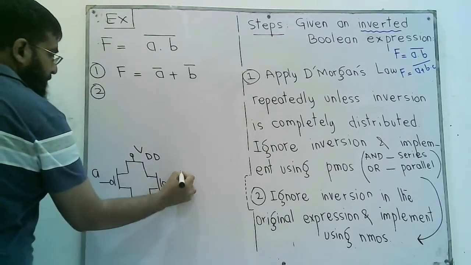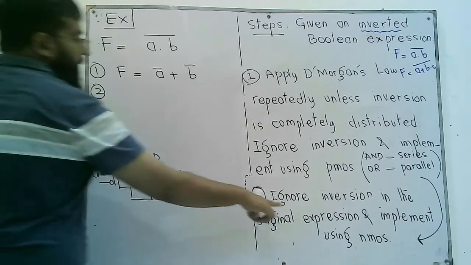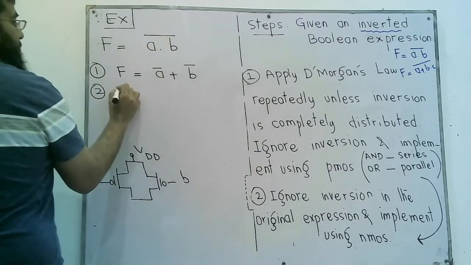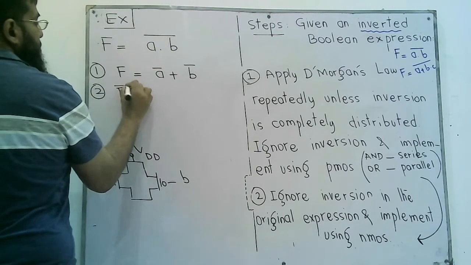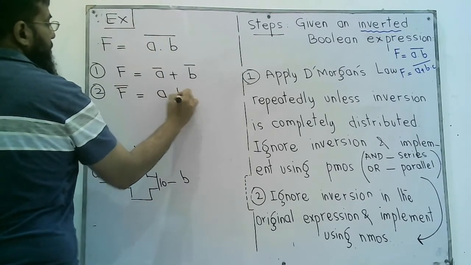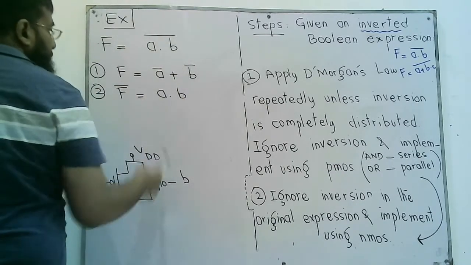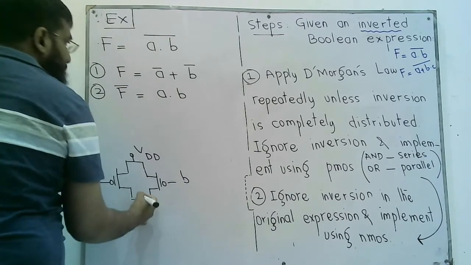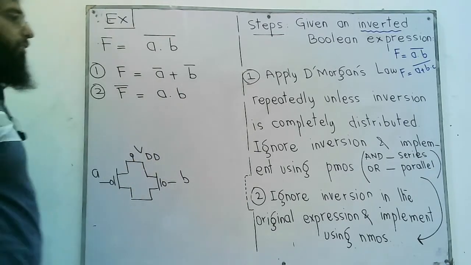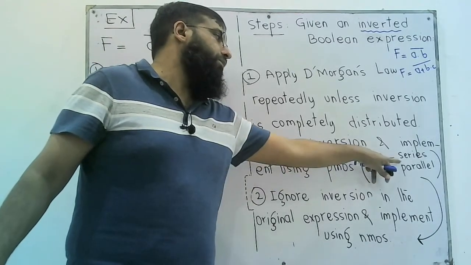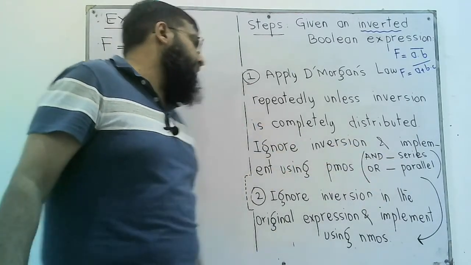Step number 2, we'll ignore inversion in the original expression. This is the original expression. We'll ignore inversion, and that will be A dot B. So implement that using NMOS, and the same will be true if there is an AND operation: the transistors will be connected in series.